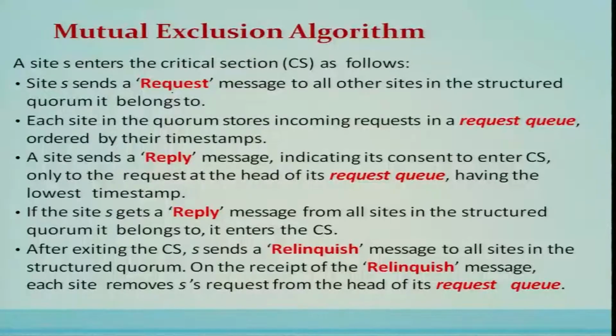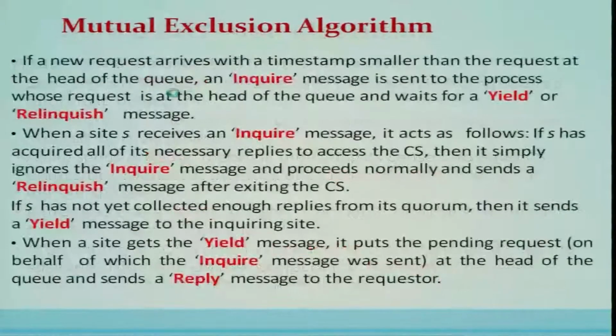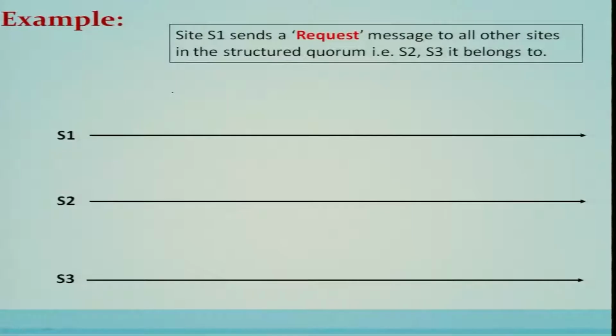A site sends a reply message indicating its consent to the critical section only to the request at the head of its request queue, having the lowest timestamp. If site S gets a reply message from all the sites in the structured quorum it belongs to, it enters the critical section. This we can understand using the example illustrated here.